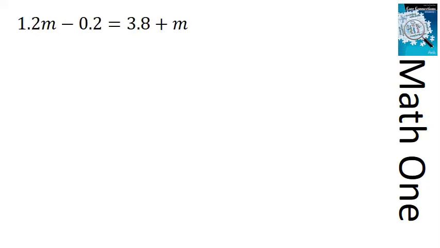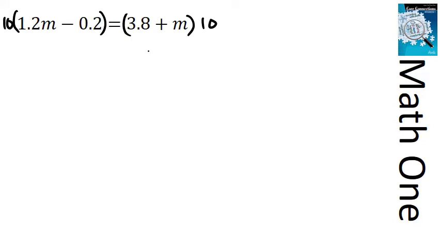Another example of perhaps rewriting this equation: as I look across here, I can see that all of these have tenths, right? 1 and 2 tenths, minus 2 tenths equals 3 and 8 tenths plus m. Well, if I multiply all terms on both sides by the number 10, I could clear those decimal numbers.